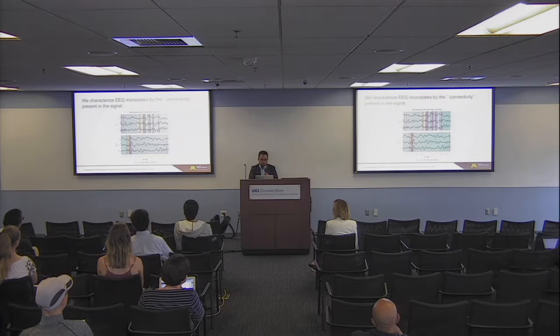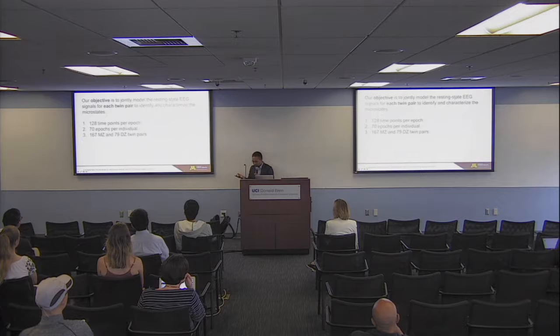So to recall what our objective is: the features of the data are that we have it in epochs. There are 128 time points per epoch, which corresponds to roughly 2 seconds worth, and 70 epochs per individual, which need not be contiguous in time. So we want to model this not as just one long time series, but we model epochs as well.